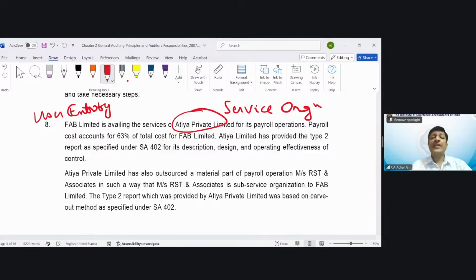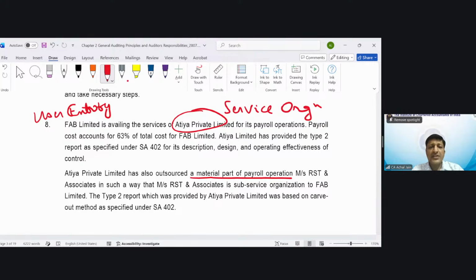AAA Limited has provided type 2 report. So type 2 report which is required, it's been provided. AAA Private Limited has also outsourced a material part of payroll operation to Messrs.